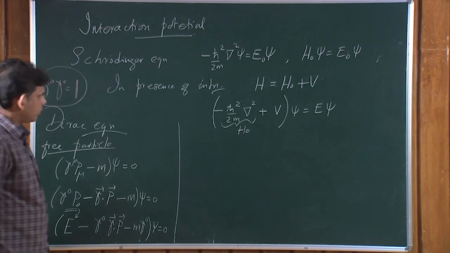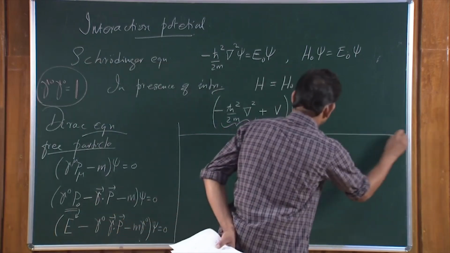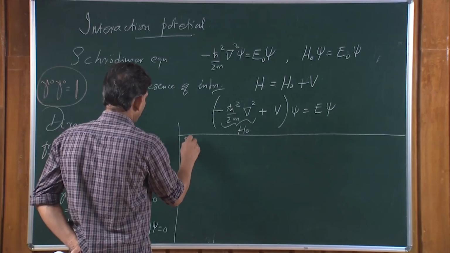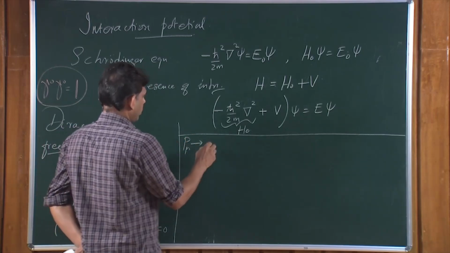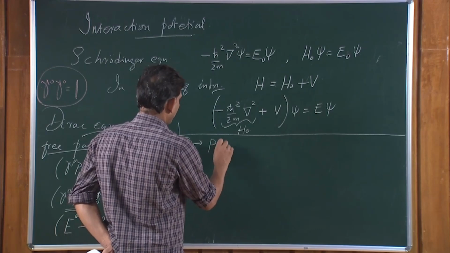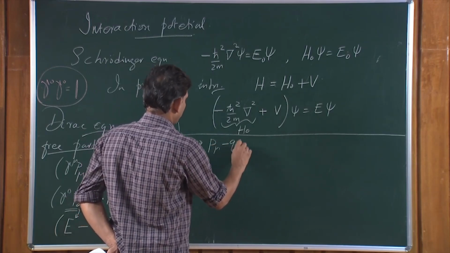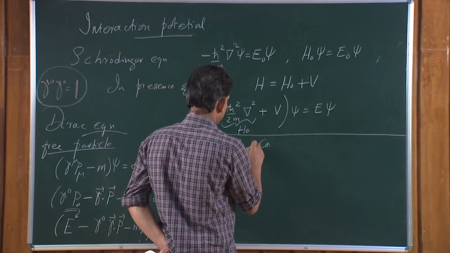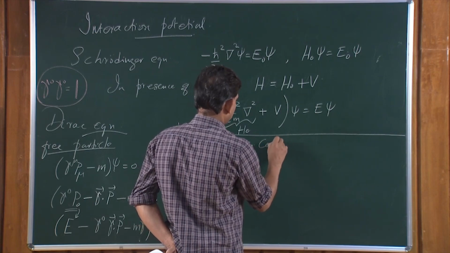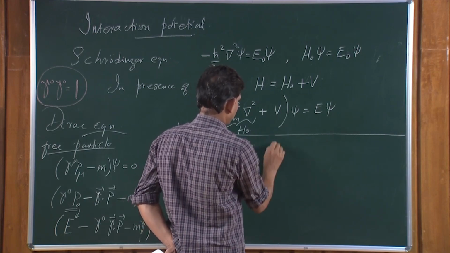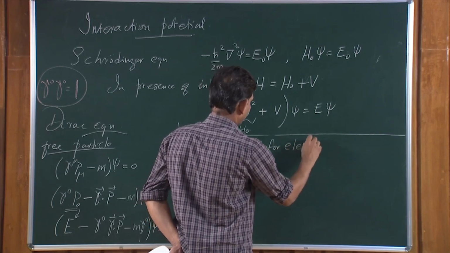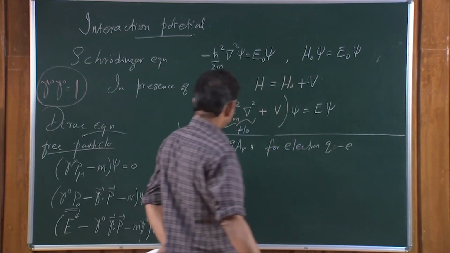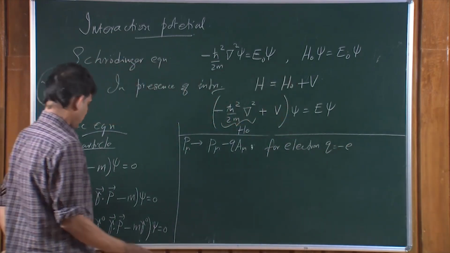Now, when we consider the interaction, P mu will go to P mu minus q A mu. In particular, for an electron, q is equal to minus e, and that will give you P mu plus e A mu.